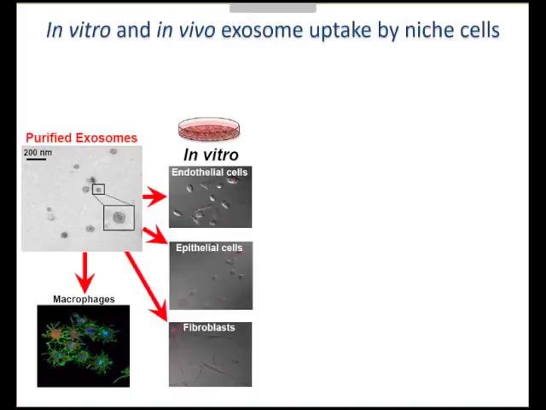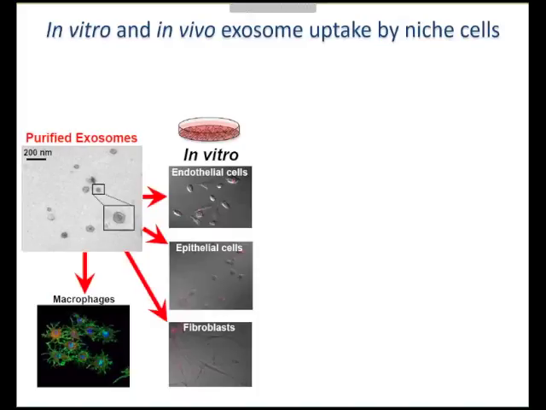However, this was the initial result from our lab using our own model, in which we purified exosomes from the conditioned medium of cultured breast cancer cell lines, using normal mammary epithelial cells as a control, and we further labeled these exosomes with DiI, which is a fluorescent dye that labels the lipid component of these vesicles.